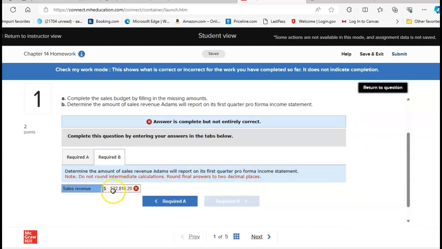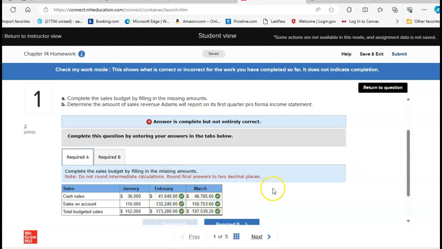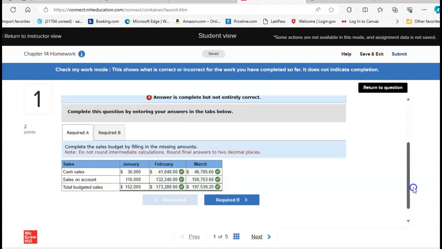So let's see, what are we doing correctly here? It said determine the amount of sales revenue we report on the first quarter pro forma income statement. So let's just check our numbers again and make sure that my calculations were correct.